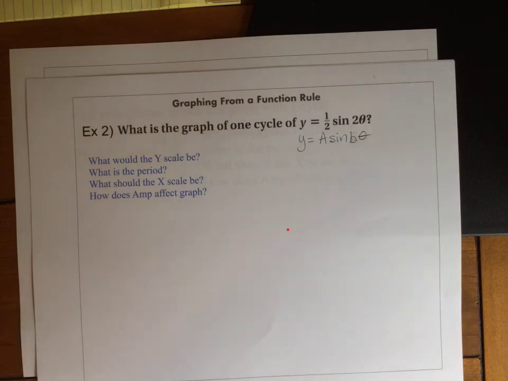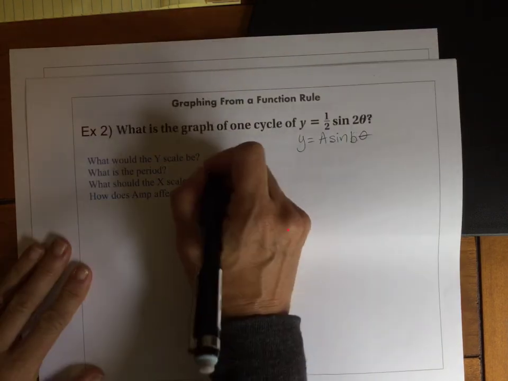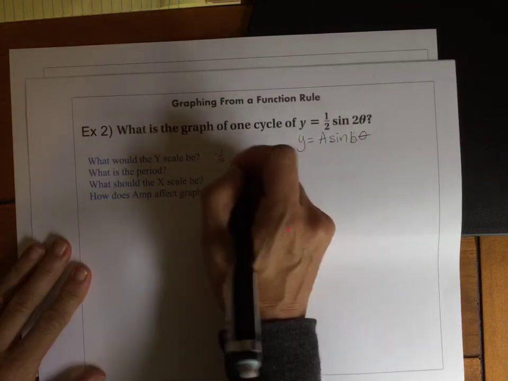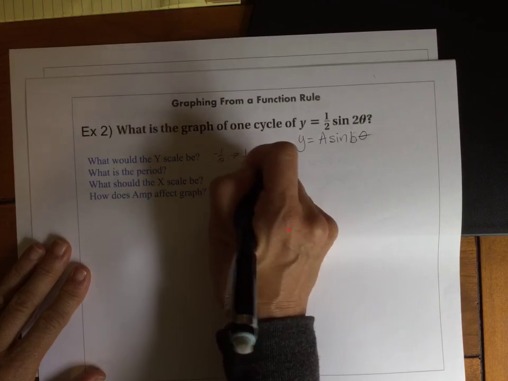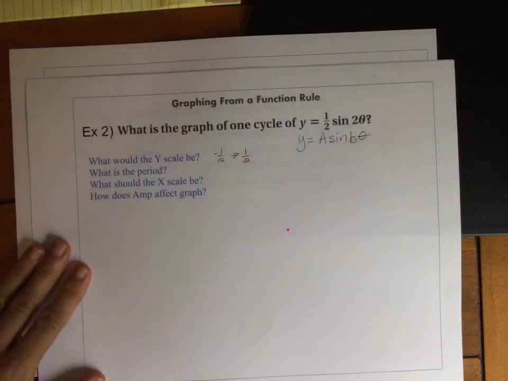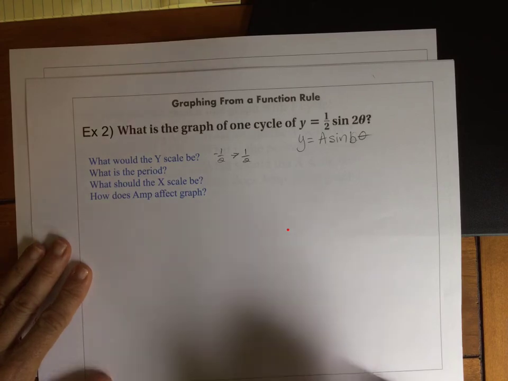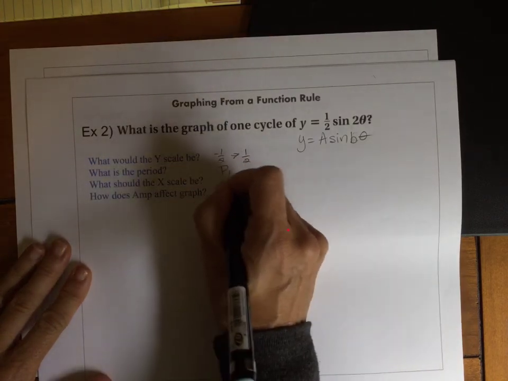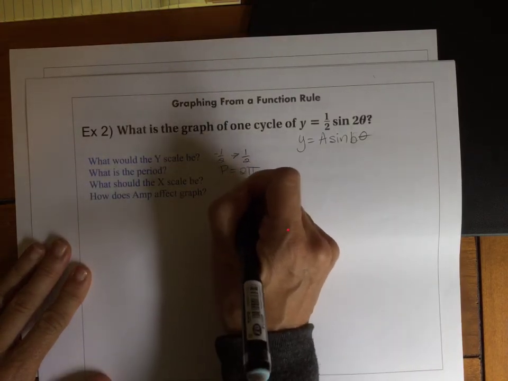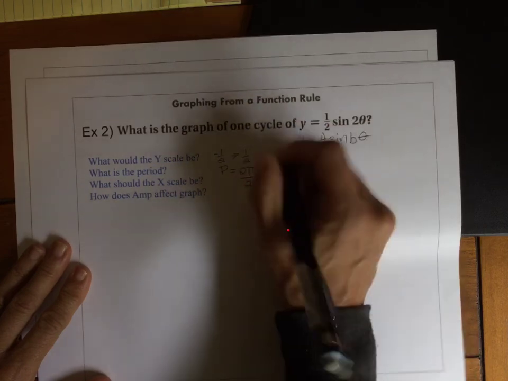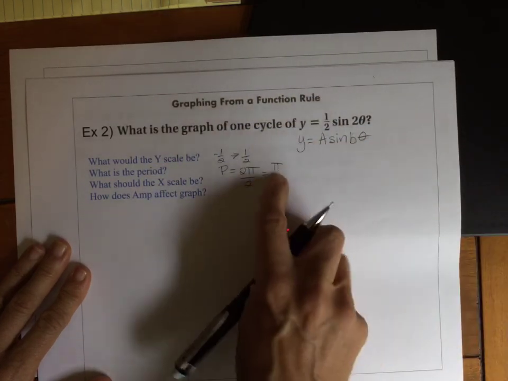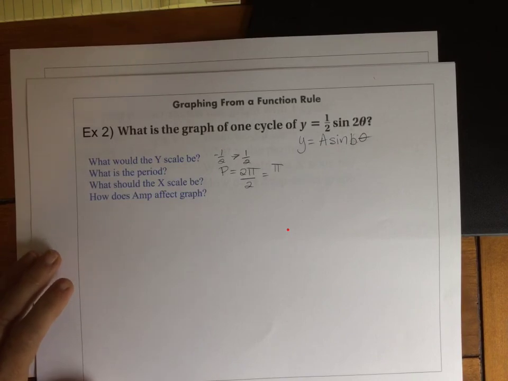That goes to say, what's your max and your min? So the y scale would probably need to go from like negative 1/2 to positive 1/2, or include that. What's the period? The period equals 2 pi over b, which is 2. So I complete one cycle in a length of pi.